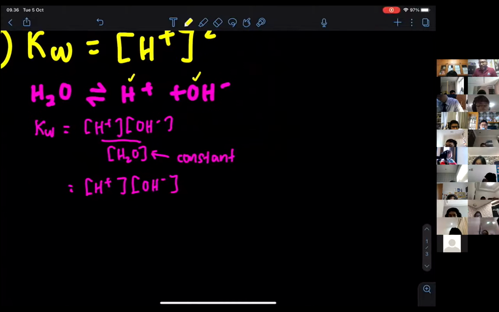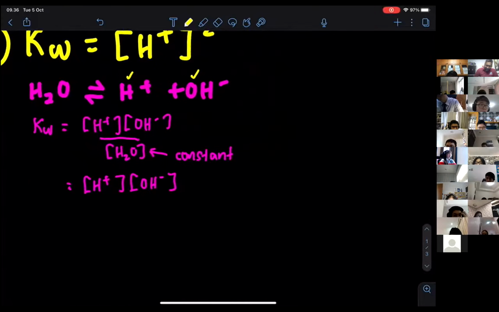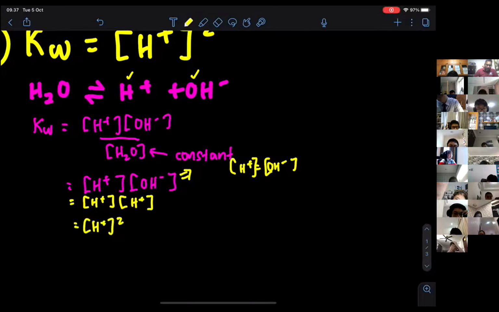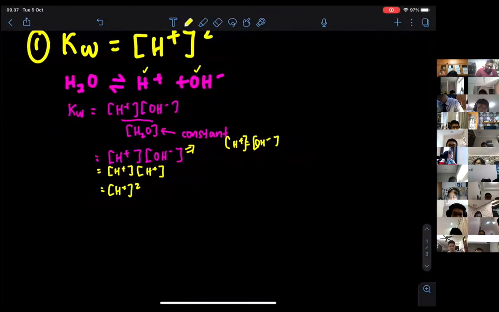It's a 1 to 1 ratio. So you can simplify by saying that the concentration of H+ is the same as OH-, and you will have this formula, H+ to the power of 2. So this is the simplification.